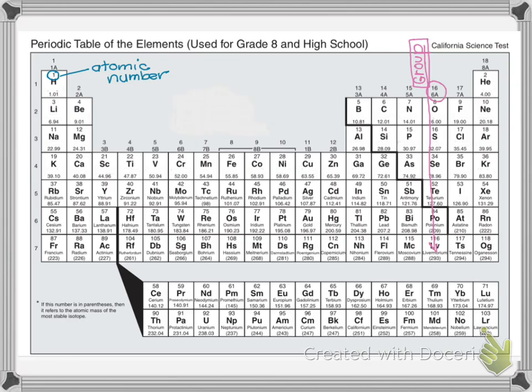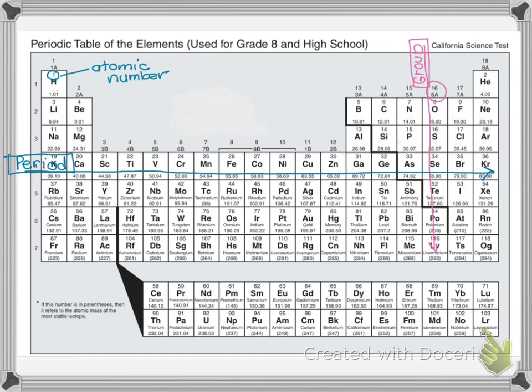Now the horizontal, so this row right here, is called a period. And the periods on this periodic table are labeled 1, 2, 3, 4, 5, 6, 7 as you go down.